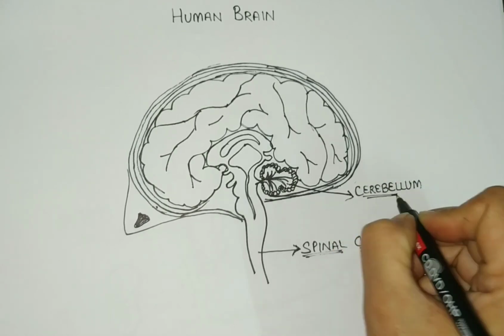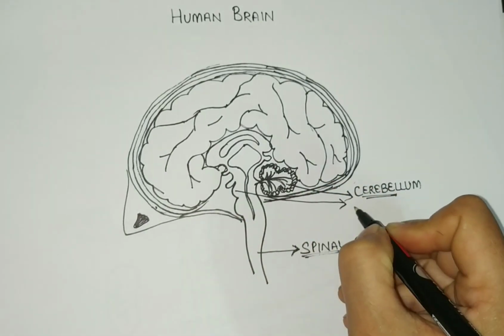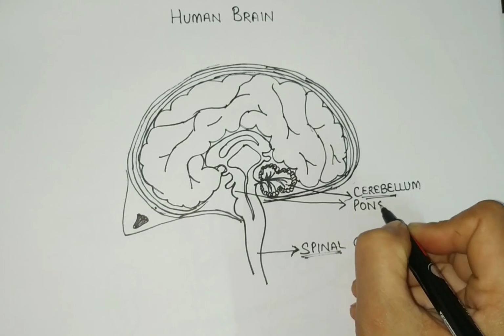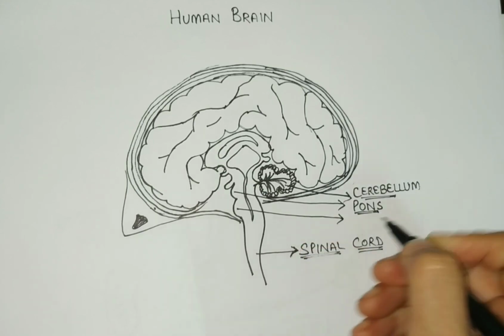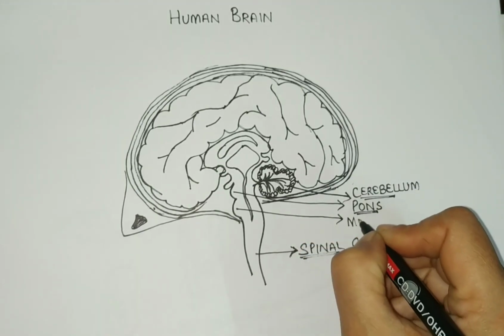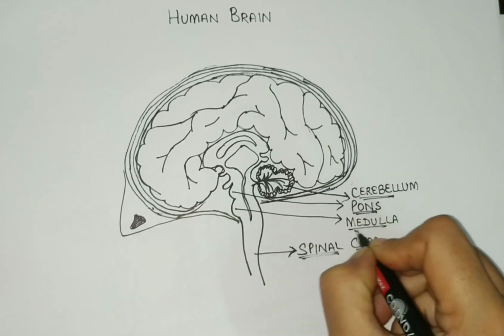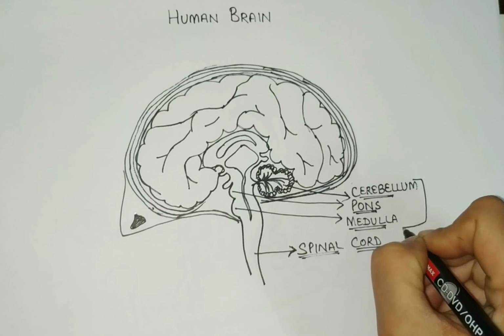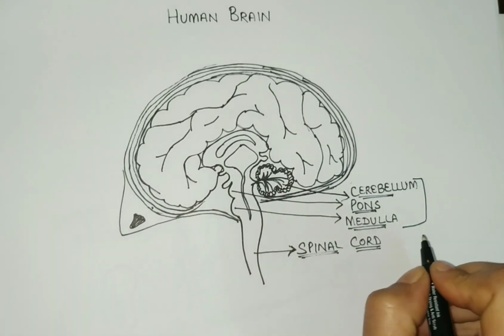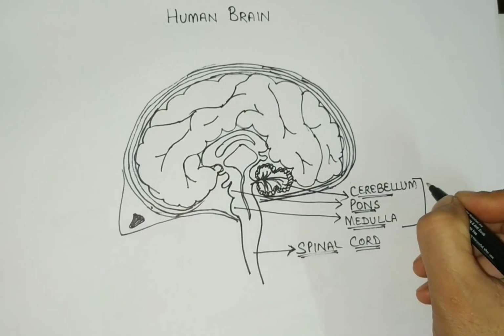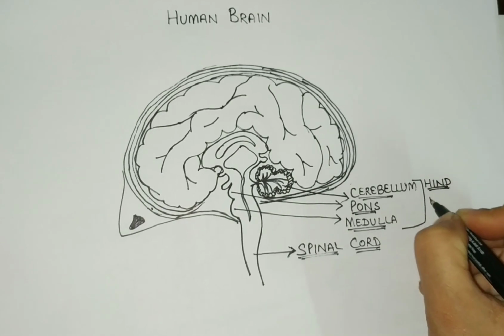Thereafter comes this outgrowth, which will be called pons. Then the second bigger outgrowth is called medulla. And students, these three, cerebellum, pons and medulla, are collectively known as the hind brain.